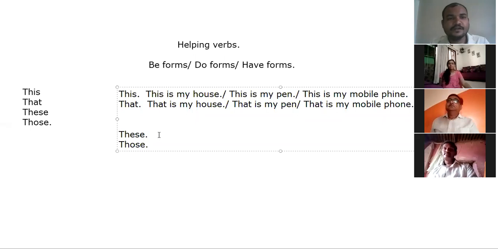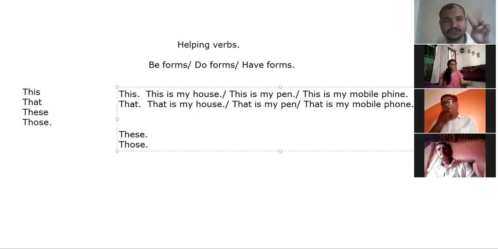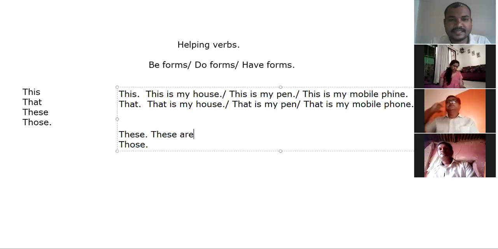Next, if there is more than one in number, for example, two houses. How many houses? Two houses. So in that case, these are my houses.